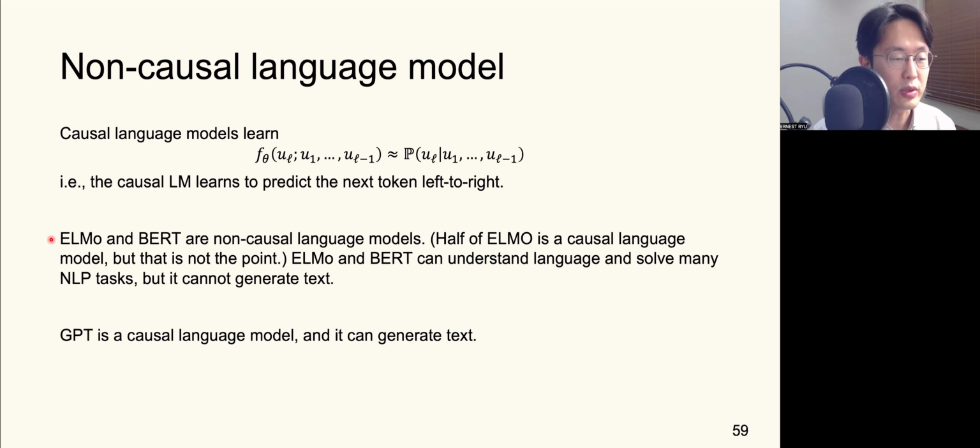Despite being non-causal language models, they understand language. ELMo and BERT can solve many NLP tasks, but they cannot generate text. In contrast, GPT is a causal language model, and because it is a causal language model, it can generate text. So if you want a model generating text, then you need the model to be a causal language model.